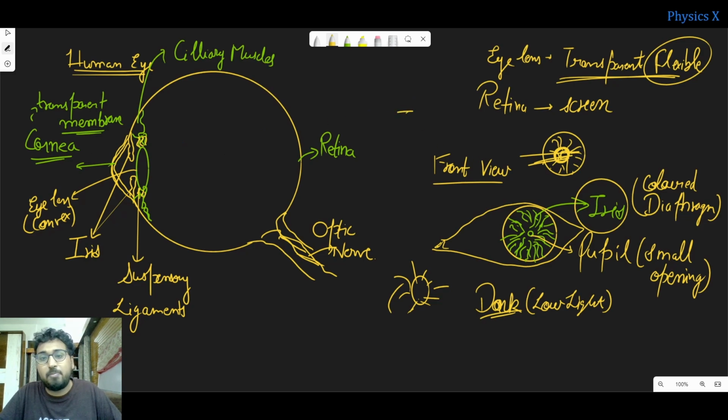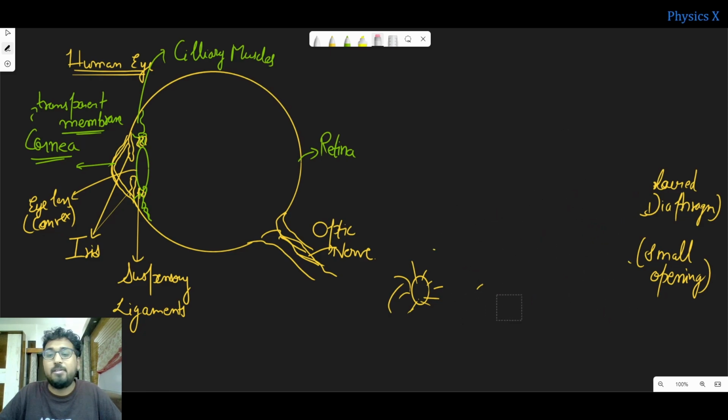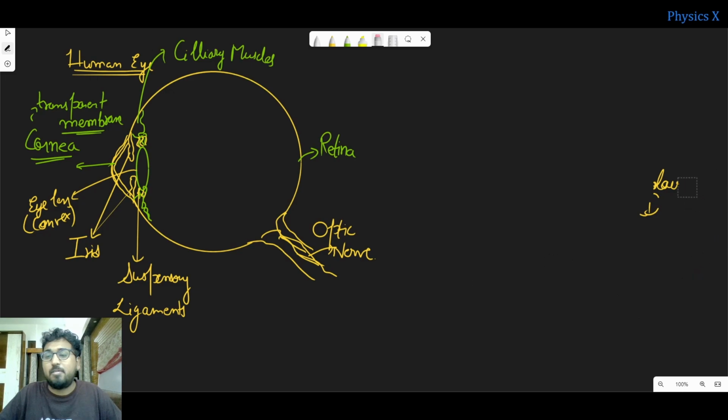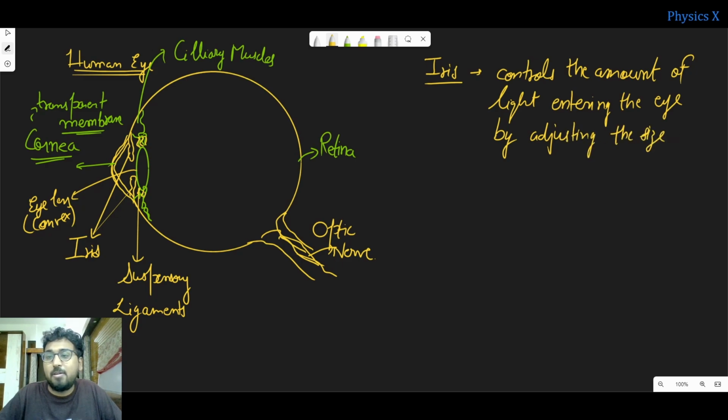So this is how iris and pupil work. Iris controls what? You can write this: the iris controls the amount of light entering the eye by adjusting the size of the pupil.